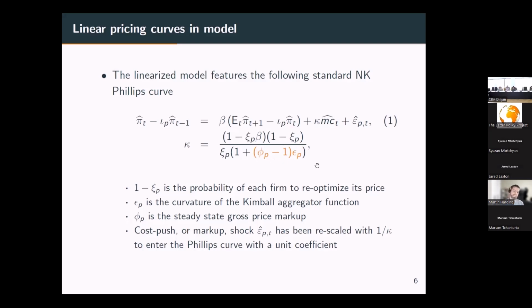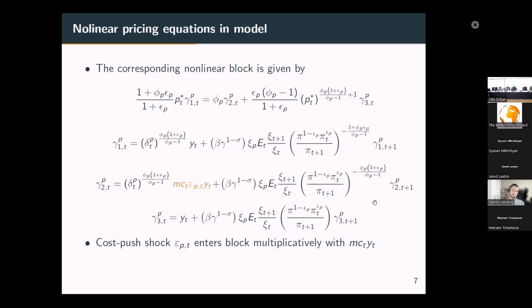The implication of this is that you are going to have models in the Dixit-Stiglitz world and in the Kimball world that are observationally equivalent for different combinations of these parameters. So basically, you can always reach what you would like to have in terms of the Phillips curve with Kimball in the Dixit-Stiglitz world for some combinations of parameters. And this is going to be totally different in the nonlinear model.